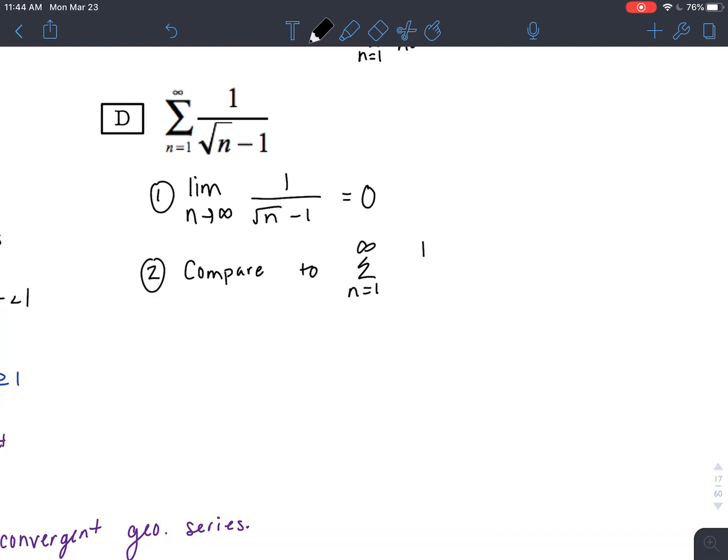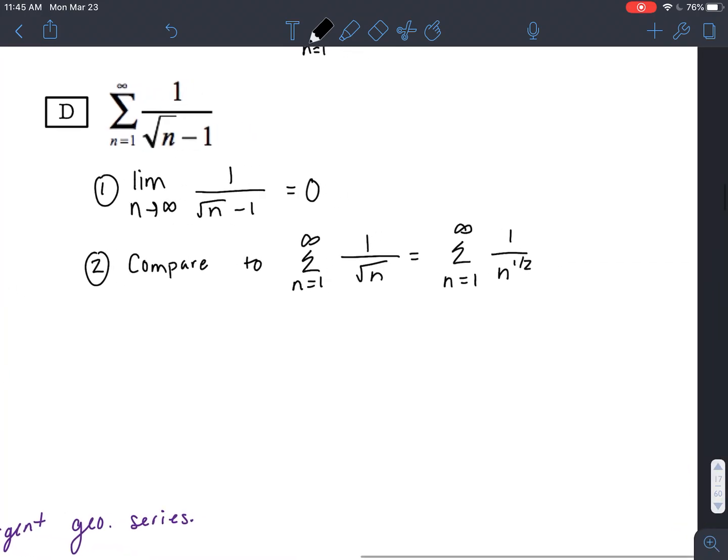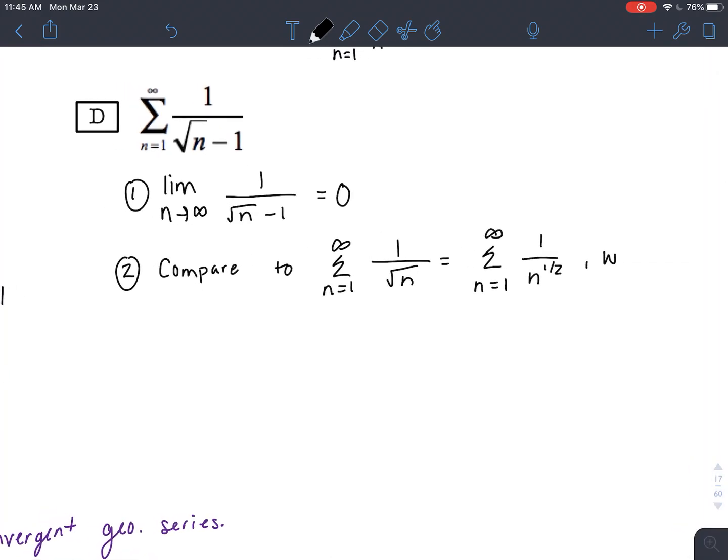So again, we're going to compare it to the simpler version of 1 over the square root of n, which we could also rewrite as 1 over n to the 1/2 power. So then we can see that it's a p-series. And 1/2 is less than 1, so this is a divergent p-series.